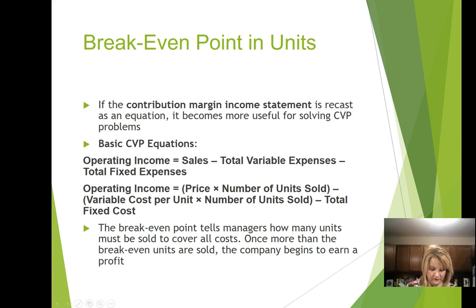Notice that all we have done is remove the total contribution margin line from our contribution income statement, since it is identical to sales minus total variable expense. This equation helps us in all cost-profit variance analysis. In fact, you can think of it as the basic CVP equation.